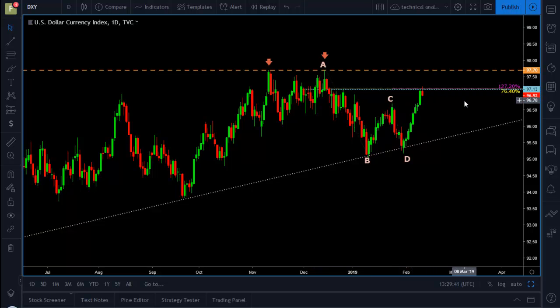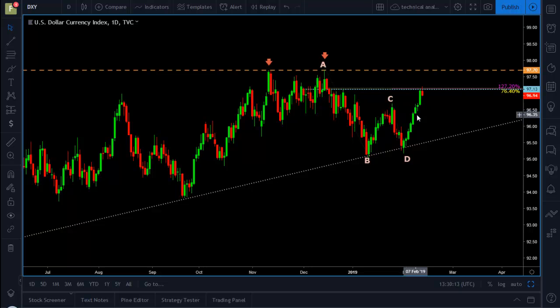And not only that, it confluences with the 76.4% retracement of the entire move down, the 76.4% retracement of the move from A to B. And it is the 127.2% retracement of the C to D move, which is a very strong short-term bullish target.